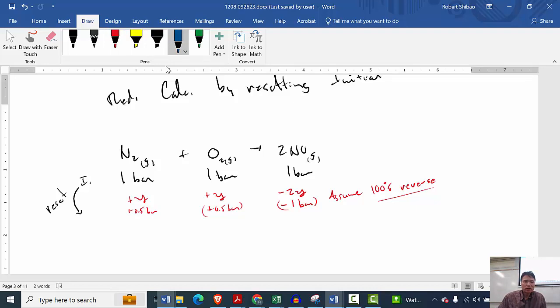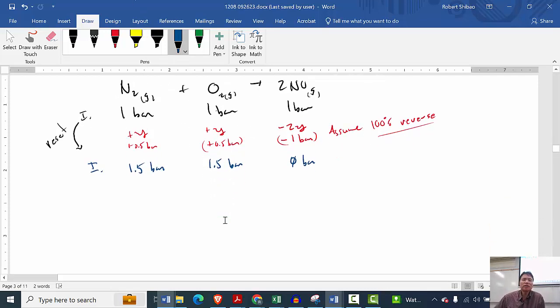So our new initial conditions will be 1.5 bar, 1.5 bar, and 0 bar. What I did was I just moved all the atoms to the left side. All the atoms are still there, they're just moved to the left side. Okay, now the change always goes to the side with zeros.